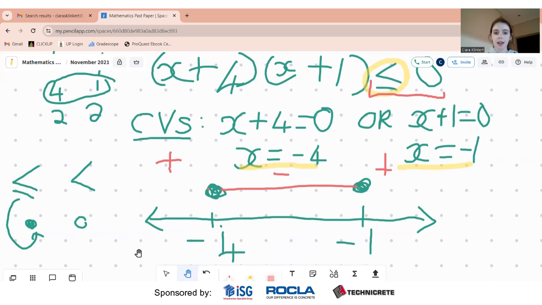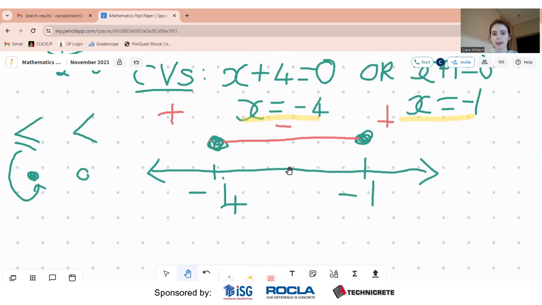And if you have that line there in the middle, then you know that x is sandwiched, or is between minus 4 and minus 1. Now, at first, this might seem a little bit strange, but don't worry, I'm going to go through it again.